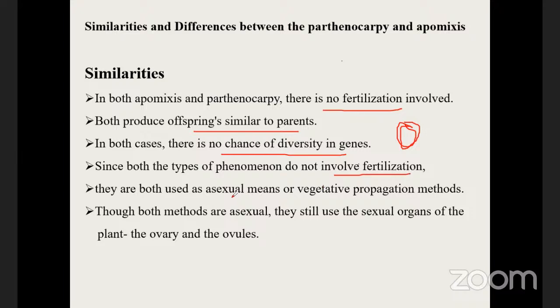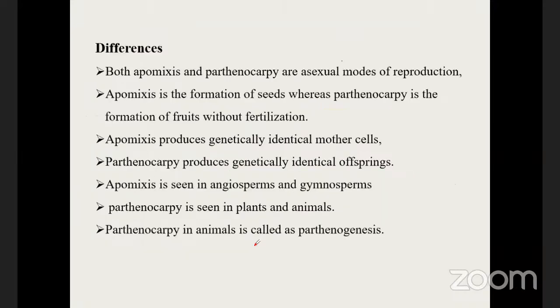Both use asexual means or vegetative propagation methods, not the sexual process. They still use the sexual organs of the plant, the ovary or ovules, but it is not taking fertilization. It's not taking fusion, but the fruit formation is taking place.